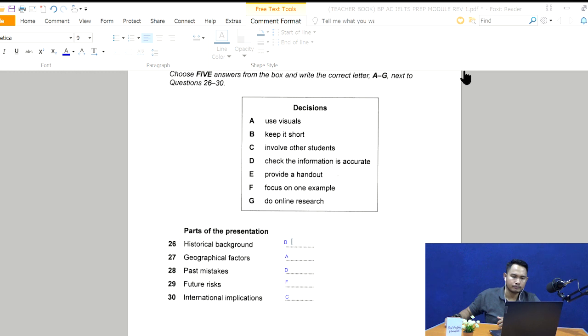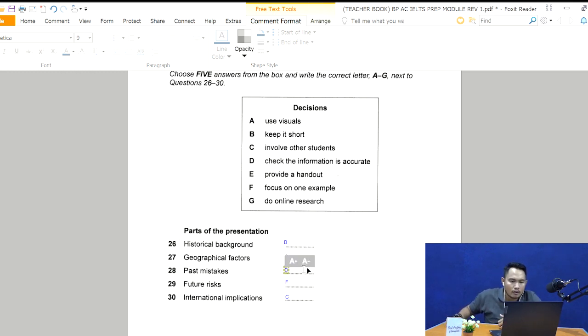Okay, so the past mistake here, I wanted to check whether my information was correct or not. They mention a case study of the problems there were in New Orleans. So in there, they mention one particular example. In this case, my prediction of the answer D is actually wrong.